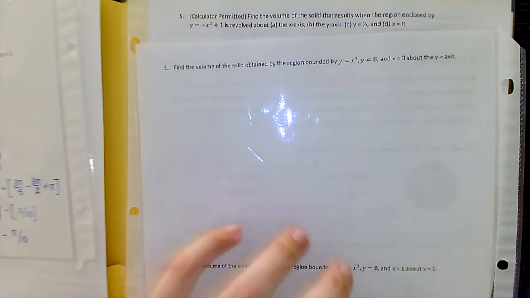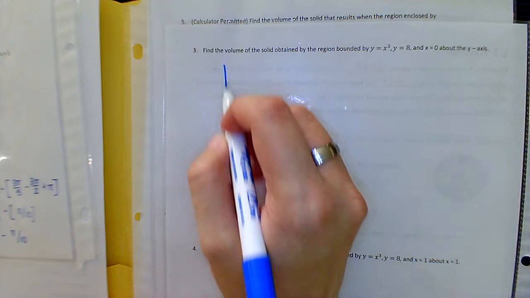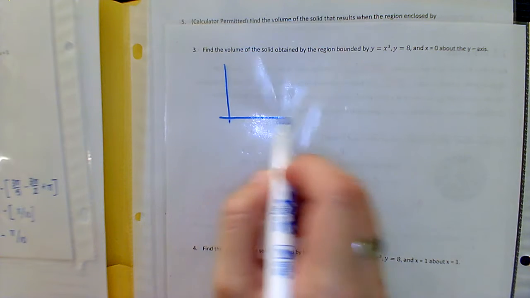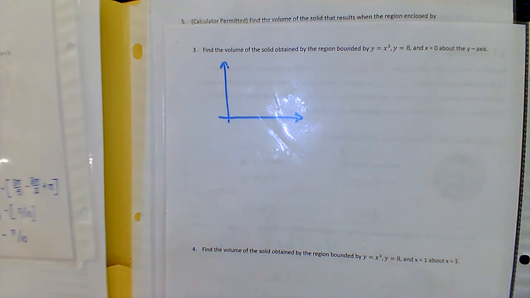Let's go ahead and check out another one. Find the volume of the solid contained by the region bounded by the cubic function, the horizontal y equals 8 function, and the vertical x equals 0 graph, about the y-axis. All right, let's draw a picture. What does a cubic graph look like? Basic cubic?